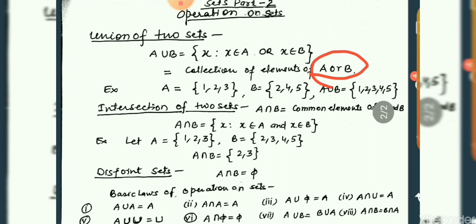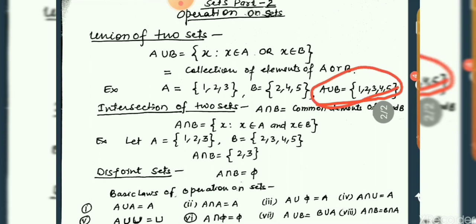Let's solve an example. Here example is A is equal to 1, 2, 3 is a set. Another set is B, 2, 4, 5. Here we have to find A union B. So we can find it by listing all elements which are either present in A or B: 1, 2, 3, 4, 5.